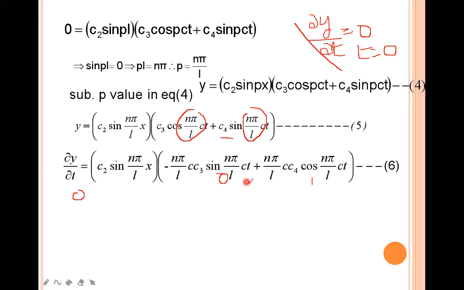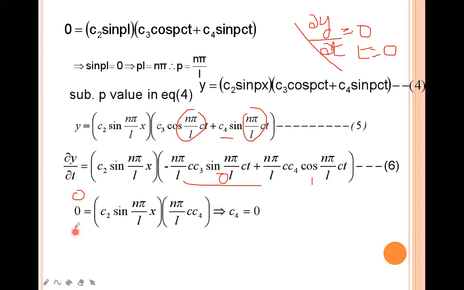Sin 0 is 0 into anything, so that total term is 0. Therefore we get 0 equal to C2 sin n pi by L x into n pi by L c C4. AB equal to 0 means any one of the values is 0. Therefore C4 is 0.